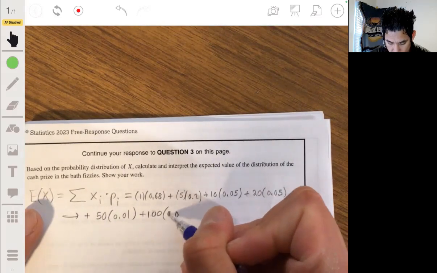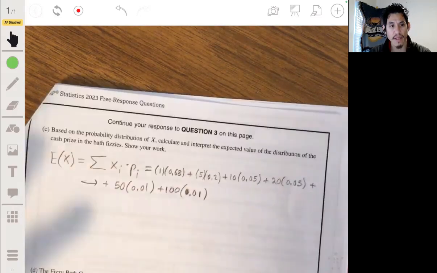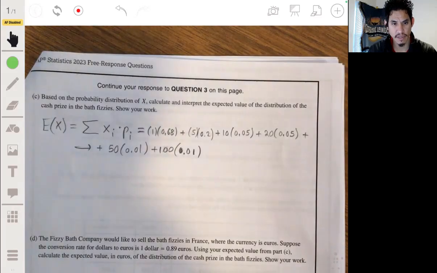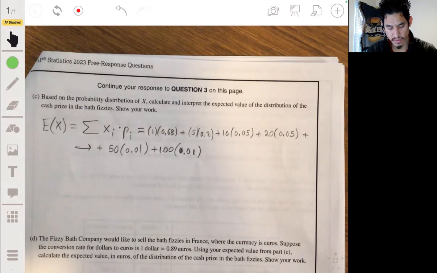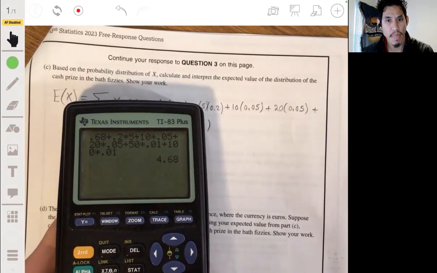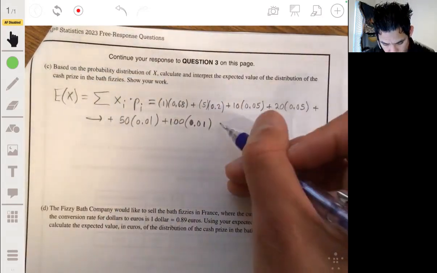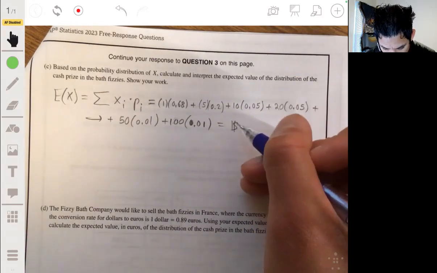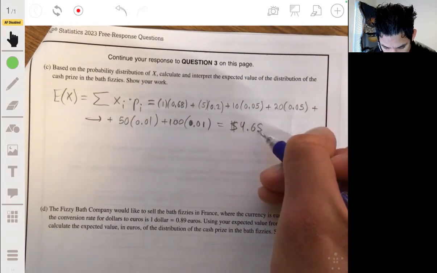So just use your calculator to double check your work. This is simple arithmetic. 0.68 plus 0.2 times 5 plus 10 times 0.05 plus 20 times 0.05 plus 50 times 0.01 plus 100 times 0.01 gives 4.68. It'll be $4.68.